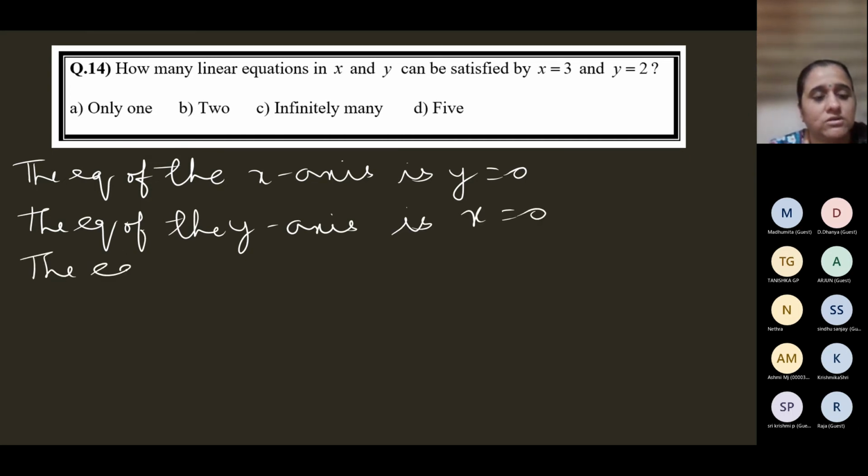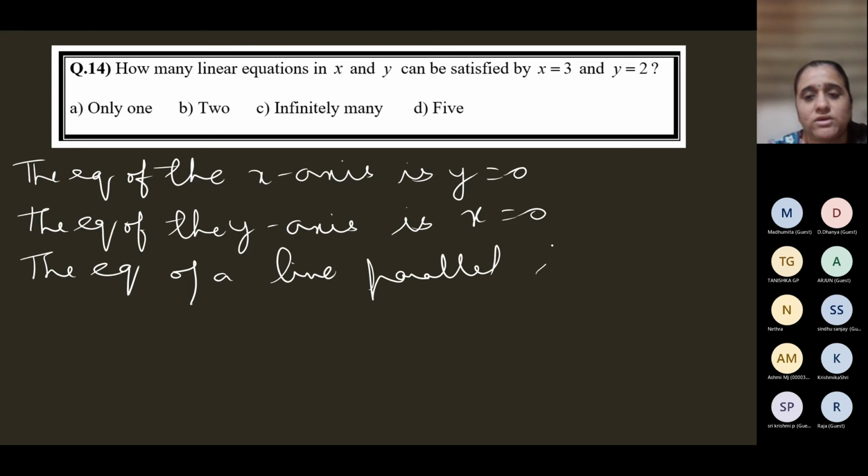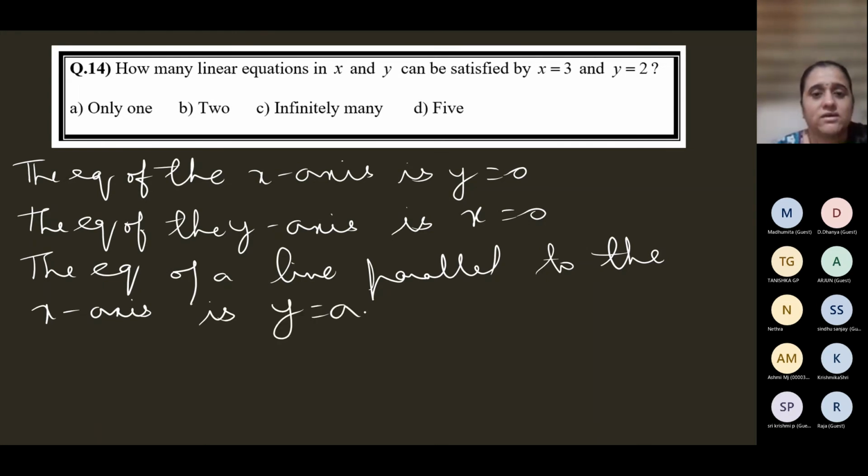The equation of a line parallel to the x-axis is y is equal to a, or you say y is equal to b. Let me write the y-axis first. The equation of a line parallel to the y-axis is x is equal to a.